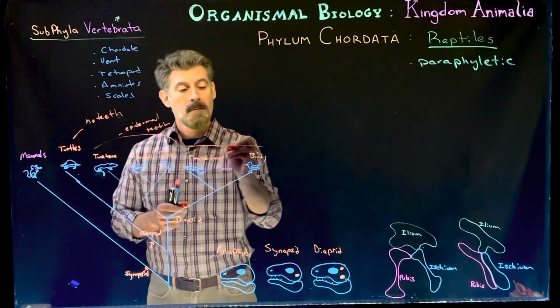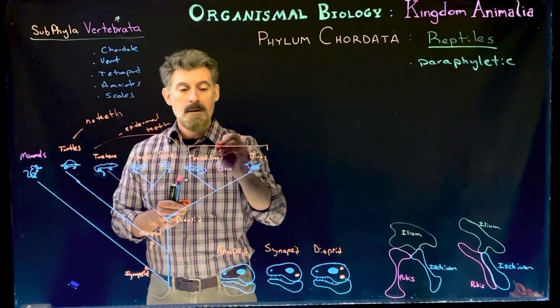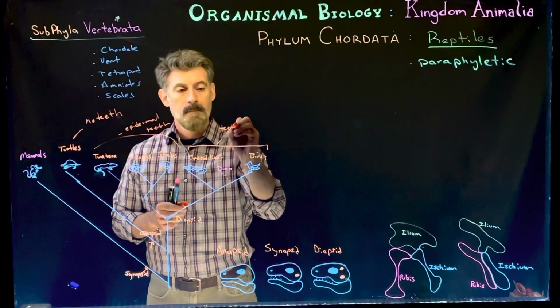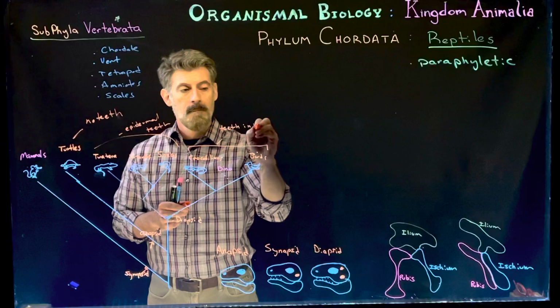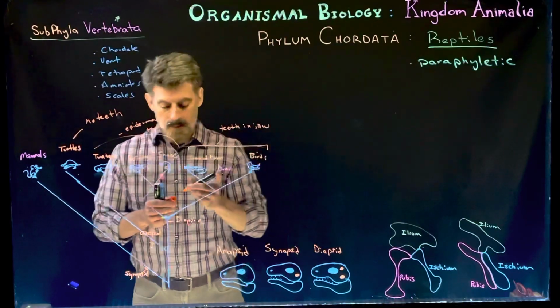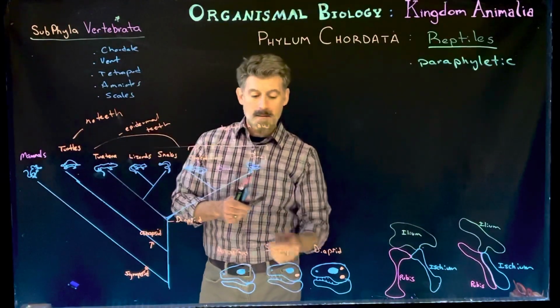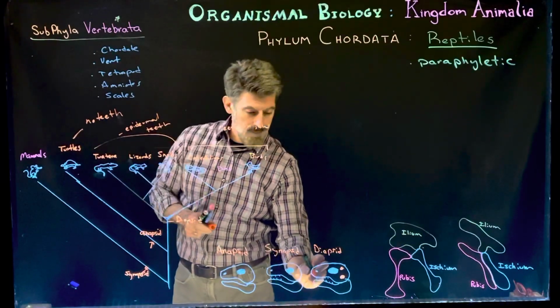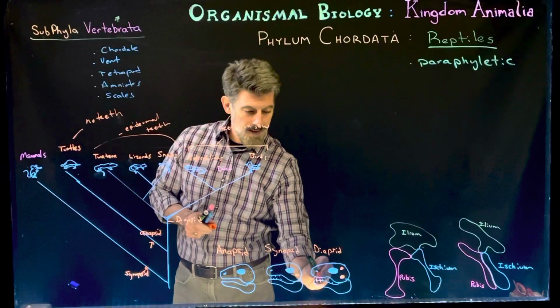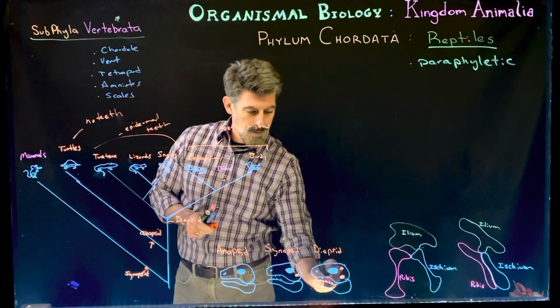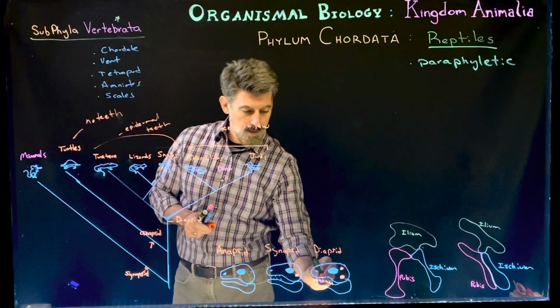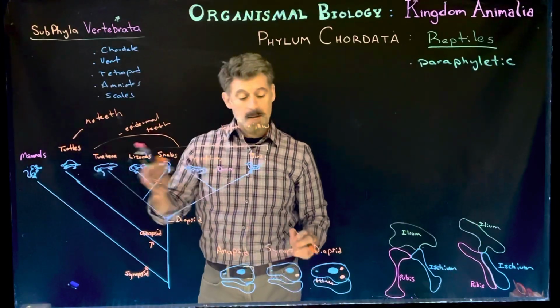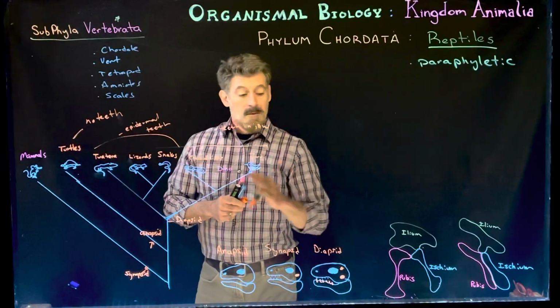Whereas crocodilians and birds have teeth embedded. So not all the diapsids have this, but their teeth are embedded in sockets in the jaw, like our teeth are. So that's different.